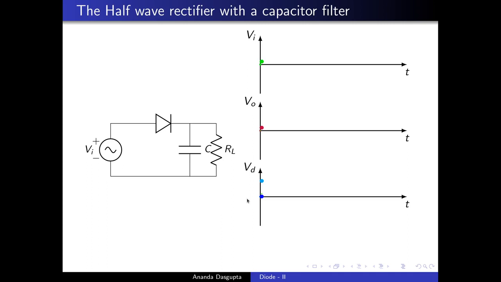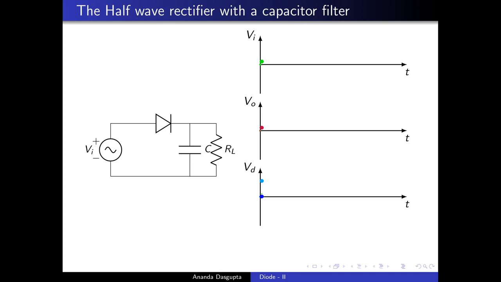Notice at the very beginning, we are assuming that the capacitor is uncharged and we have suddenly switched on the circuit just at the point when the input voltage is trying to rise. As will turn out, the first quarter cycle that you will see here is atypical. After this is over, the circuit settles down to a standard periodic behavior. But let's try to understand what's happening from the beginning.